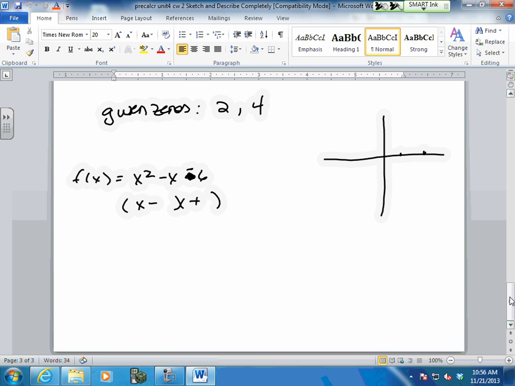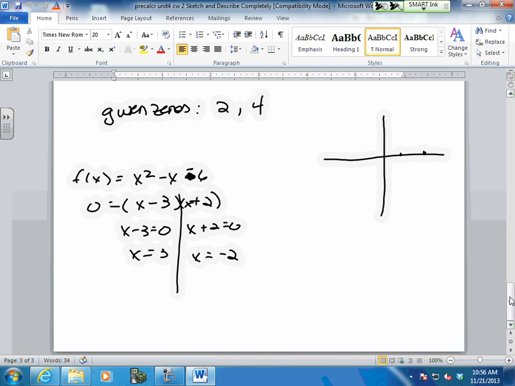What did this factor into? 3 and 2, and then you did this. Agree? And then you found out your zeros over here, right? Okay. We're going to go backwards.